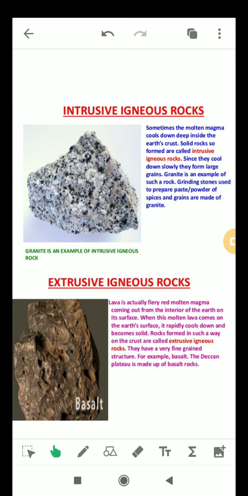Rocks formed in such a way on the crust are called extrusive igneous rocks. They have a very fine-grained structure. For example, basalt. The Deccan Plateau is made up of basalt rocks. These extrusive igneous rocks cool and solidify quicker than the intrusive igneous rocks, so since they cool very quickly, they are fine grained.